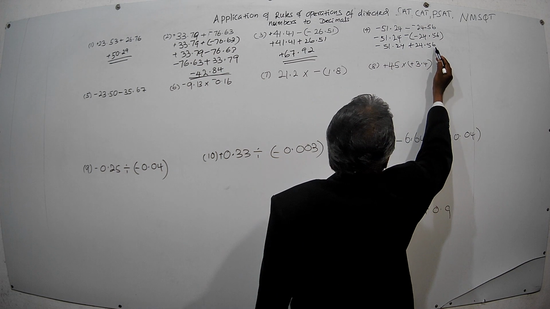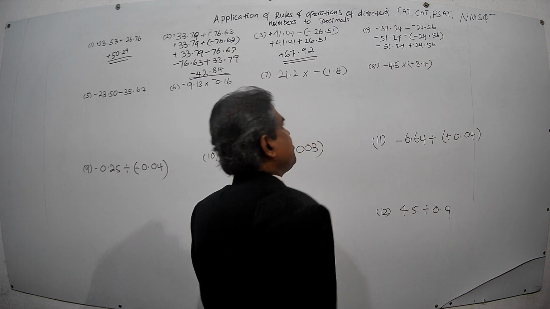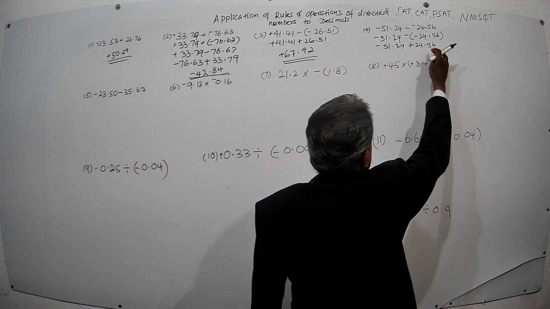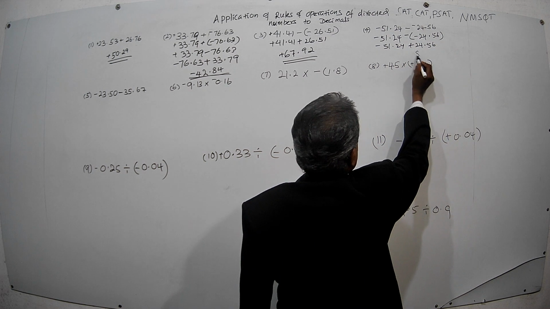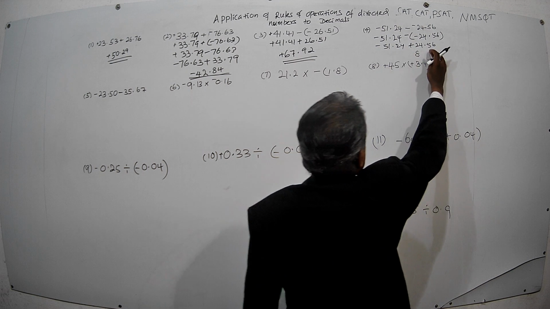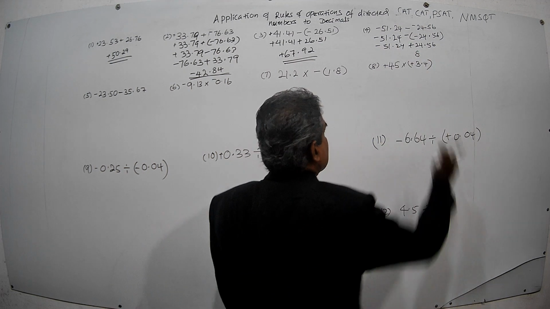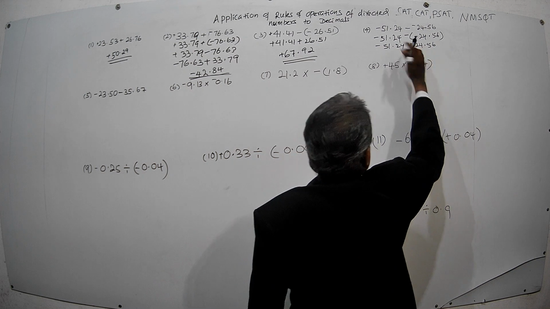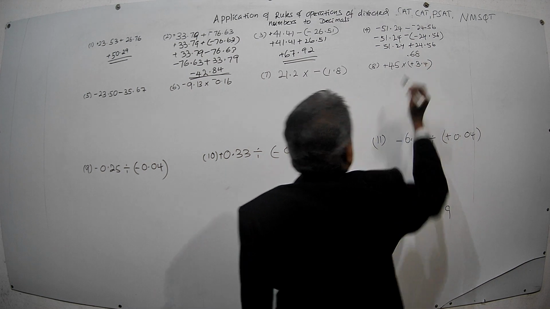Now 6 from 4 you can't. Therefore, you take 1 from these two here, then 14. 6 from 14 is 8. Then here there is 1. You can't deduct 5 from 1. Therefore, you take 1 from this. Then it will be 11. Therefore, 5 from 11 is 6, decimal point.